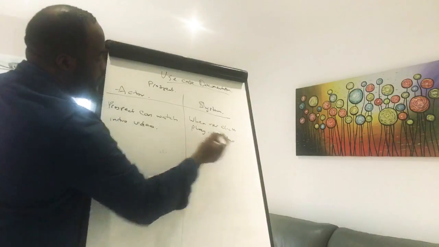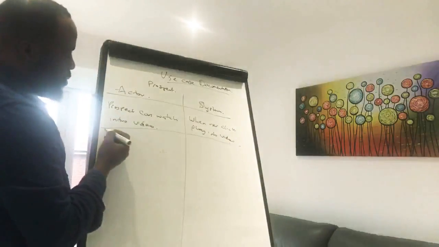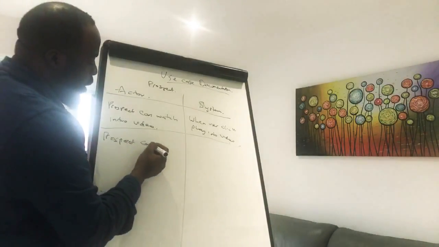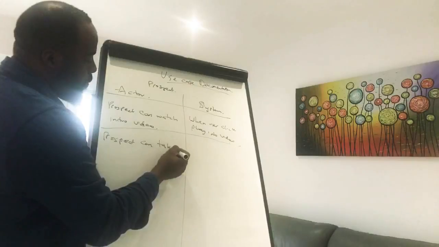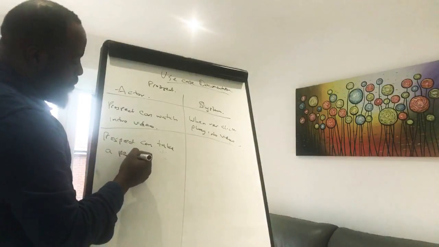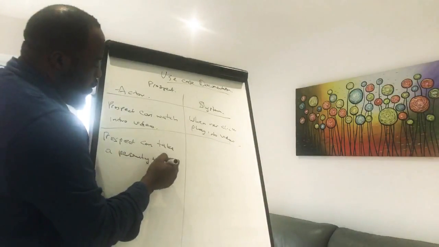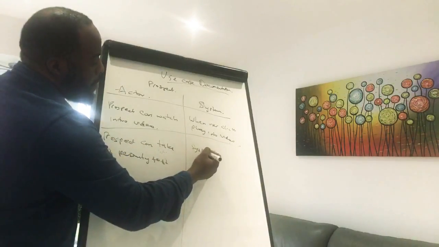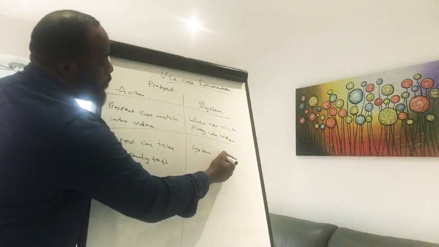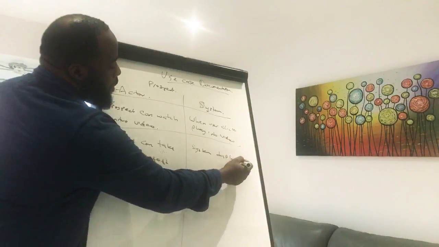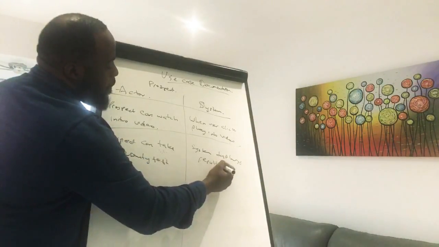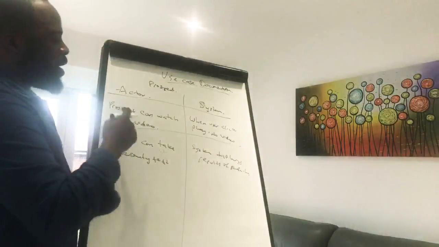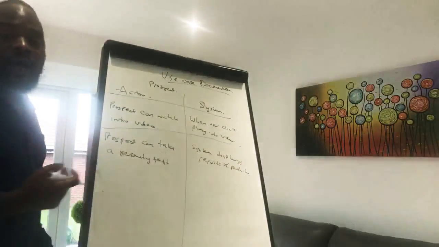And once I play the intro video, what is the other action? The prospect can take a personality test. When I take my personality test, the system displays the results of the personality test.